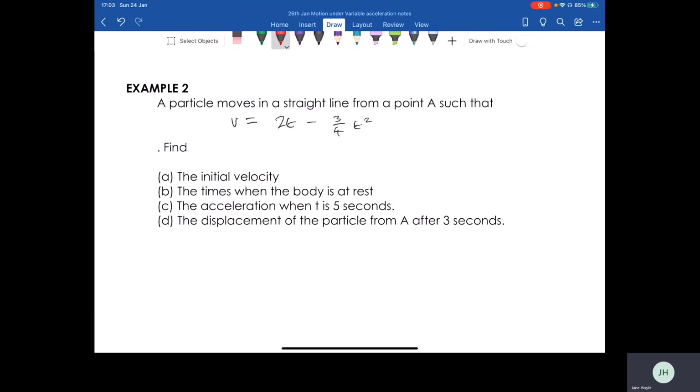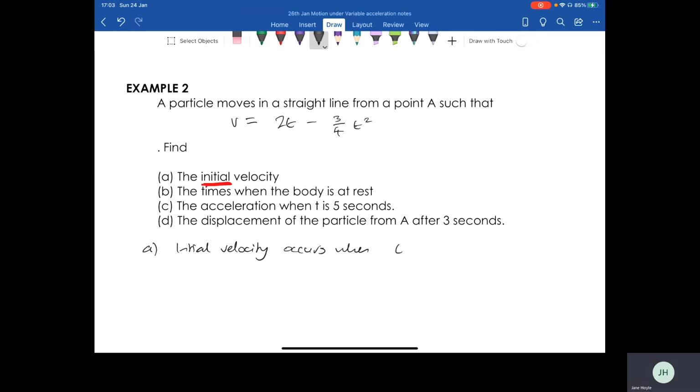So the initial velocity, this here is just code for t is equal to 0. Of course, initially, no time has passed. So we need to substitute t equals 0 into our equation.